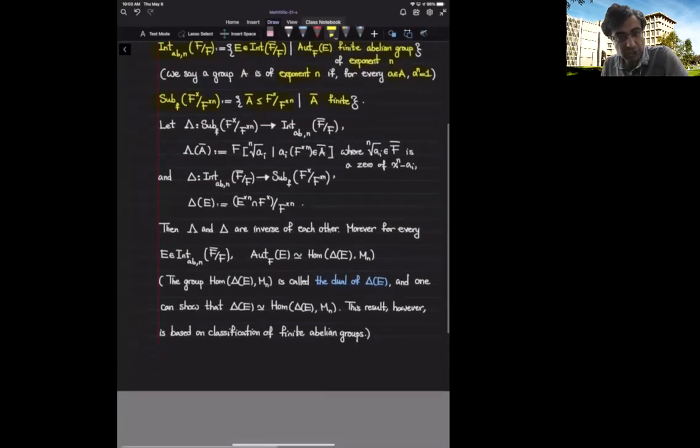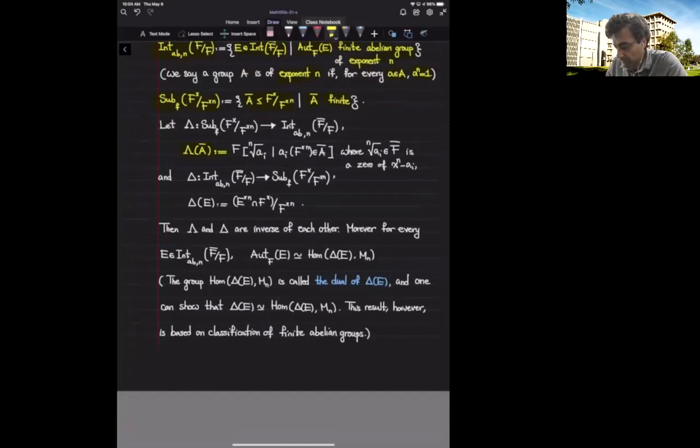Now, there is a bijection between these two sets. What is the bijection? Lambda of a subgroup: I'm going to take elements of this subgroup.